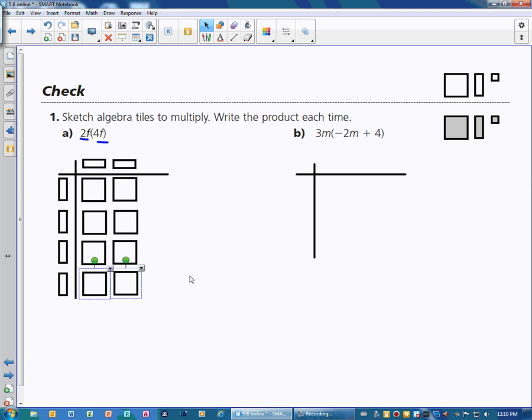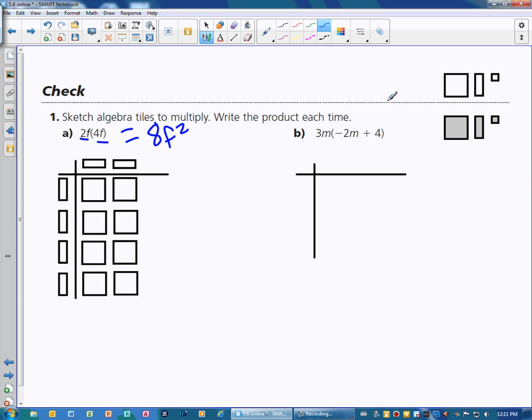And I'm done. So my answer would be 8f squared. I've got 8 of these squares. My variable is f, so 8f squared.